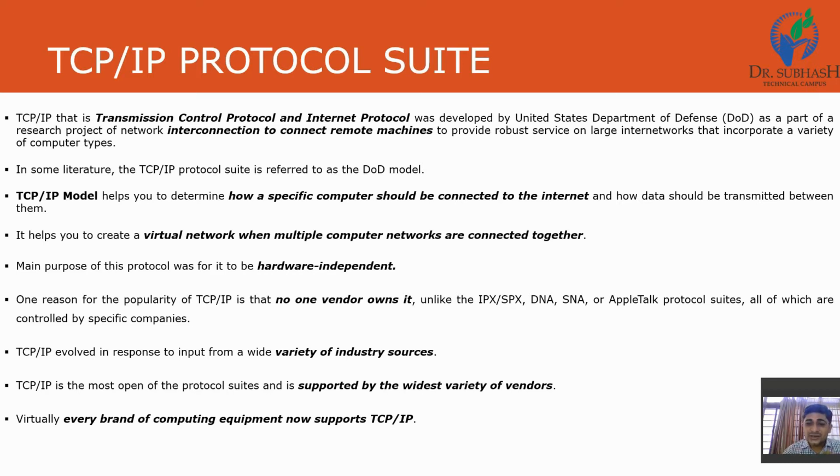What is the requirement for making a combination or suite? For transmitting your data from client to server as well as server to client, we have to provide different types of protocols.